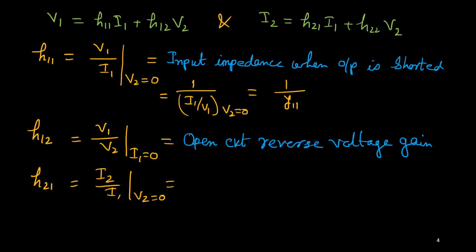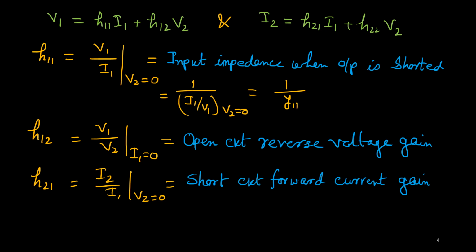So it is called short circuit, and this is the output current by input current. So it's the current gain, and again in the forward direction. So it is short circuit forward current gain.